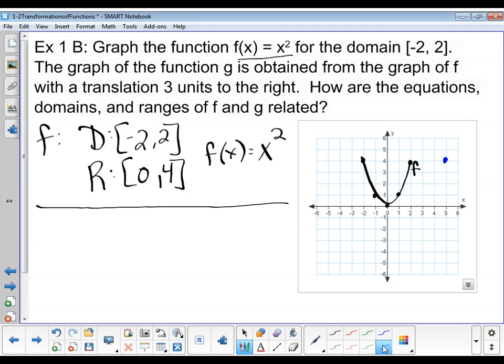It's now at 5, 4. 1, 1, shifts 1, 2, 3 to 4, 1. 0, 0 shifts to 3, 0. -1, 1 shifts to 2, 1. And -2, 4 is going to shift to 1, 4. And then we're going to connect those, and I'm going to label it g.